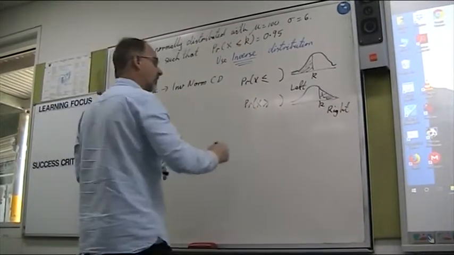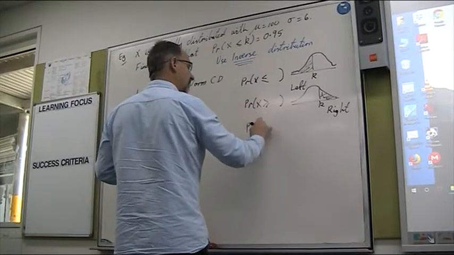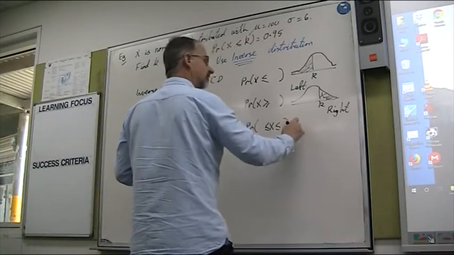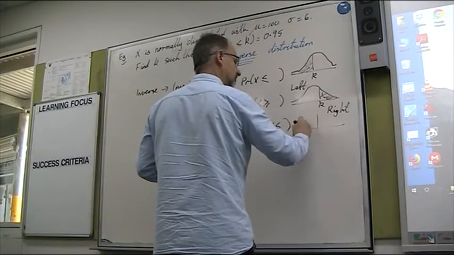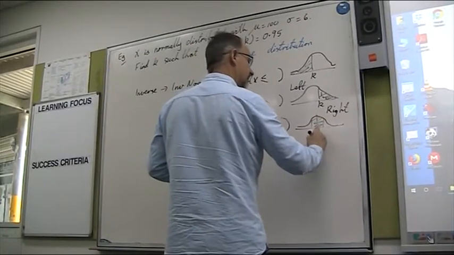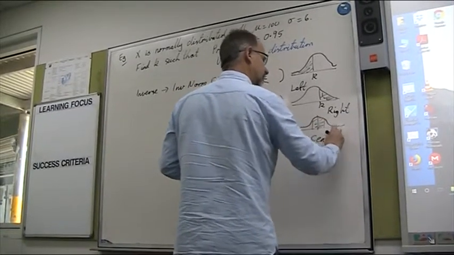If we were looking for the probability to be between two numbers, like that, then we use centre.